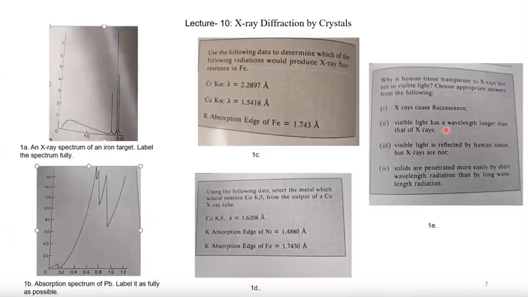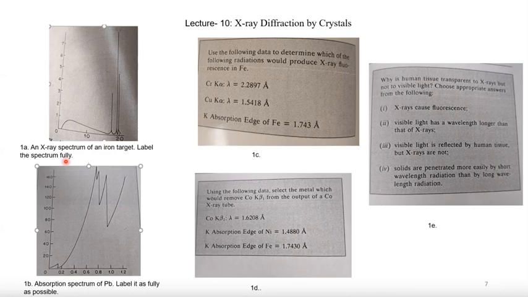Now, let us take some problems and discuss a little bit. We are given a spectrum like this, an X-ray spectrum of an iron target, and we are asked to label the spectrum fully. What do we do then? How would we label it?